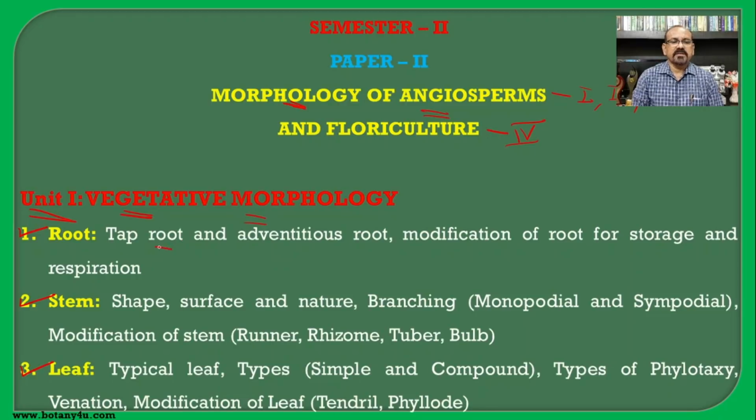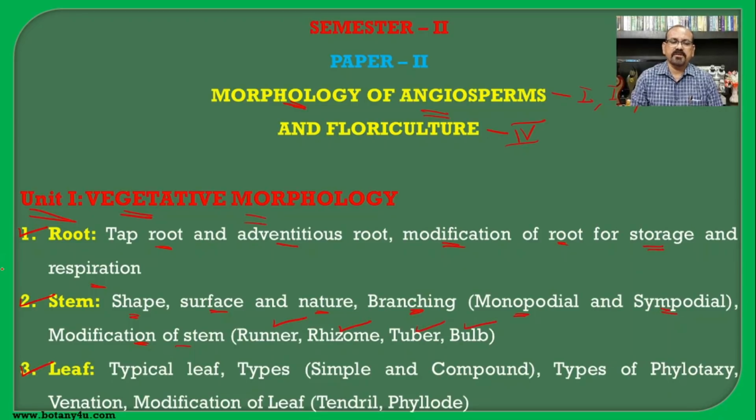The root contains the taproot and adventitious root, then modification of root for storage and respiration, then shape, surface and nature of the stem, then branching, that is the monopodial and sympodial type of branching, then modification of stem, which includes the runner, rhizome, tuber and bulb.